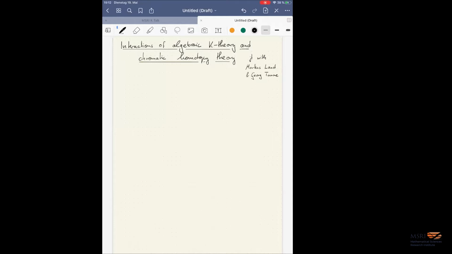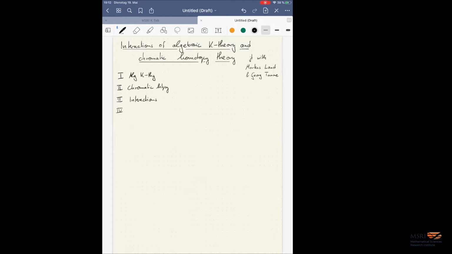So my basic plan of the talk will be, first, I say some introductory words about algebraic K-theory. Then I say something about chromatic homotopy theory. Then I say something about the interactions, and this will contain the main results.